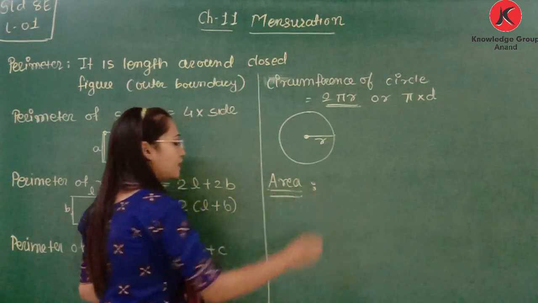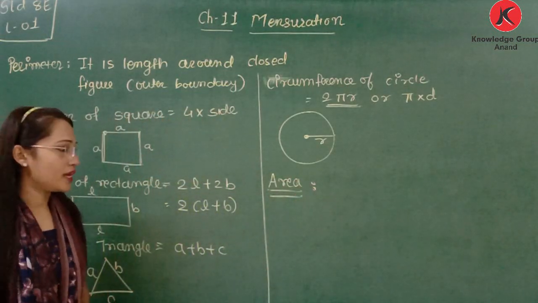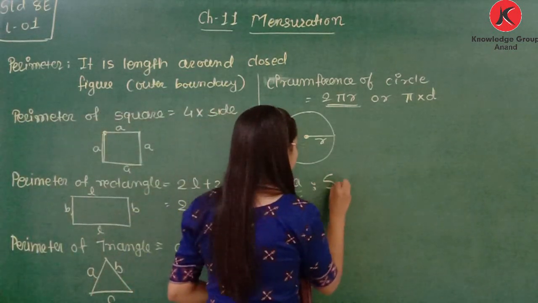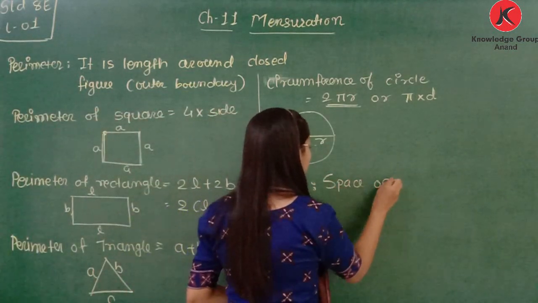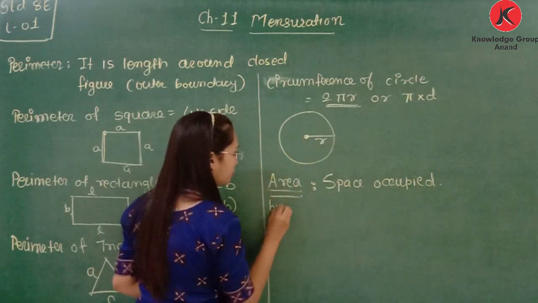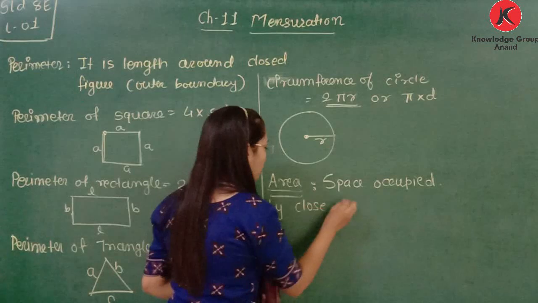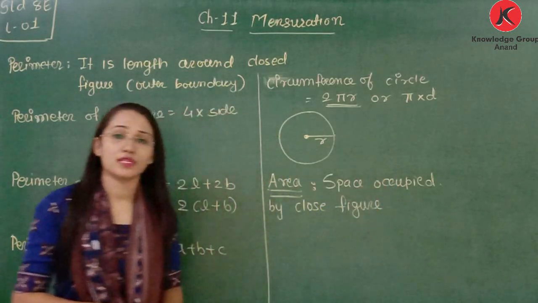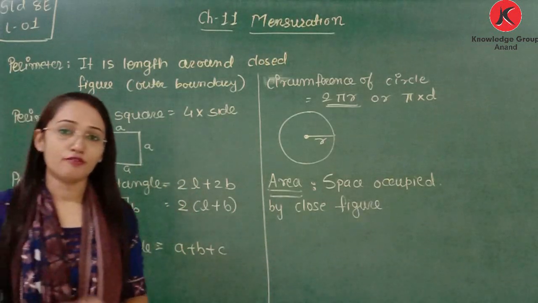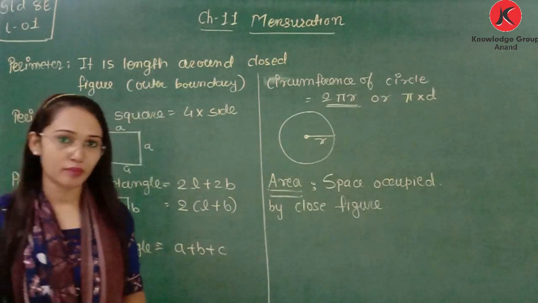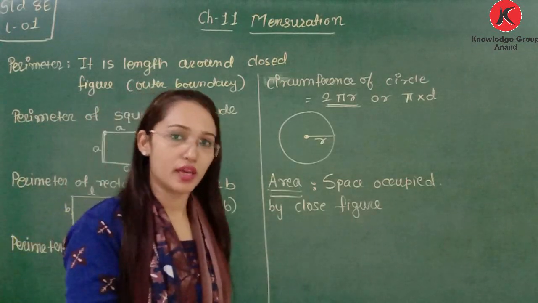What is area? Area means space occupied by a closed figure. If you place your compass box on your table, then whatever space is occupied by that compass on your table, that will be its area.